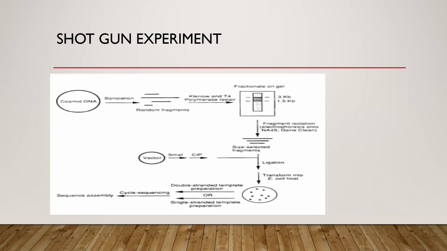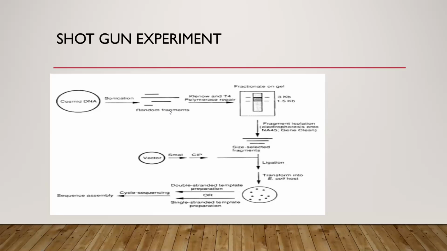Sonication is the act of applying sound energy to agitate particles in a sample, here the cosmid DNA, using ultrasonic frequencies. After the sonication process is completed, random fragments will be produced.